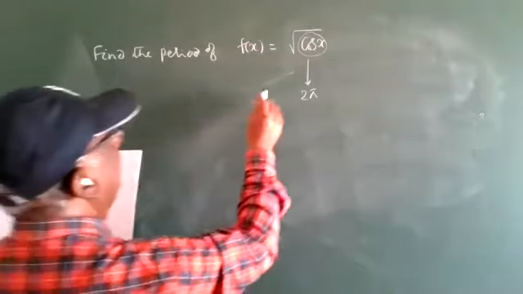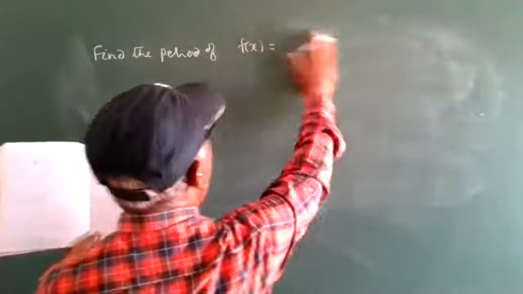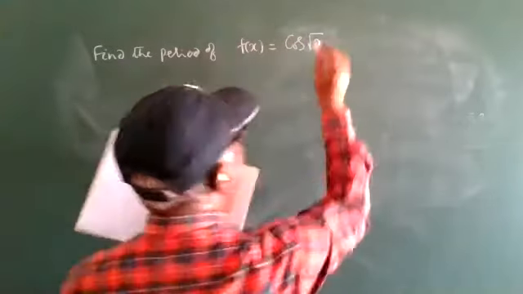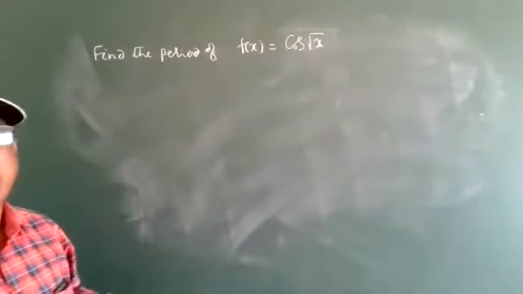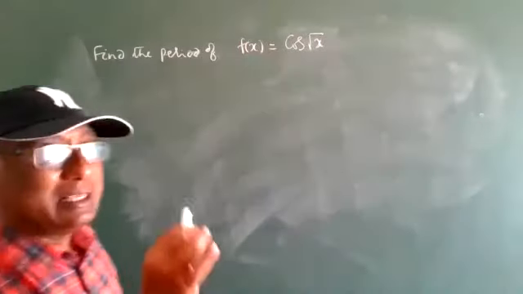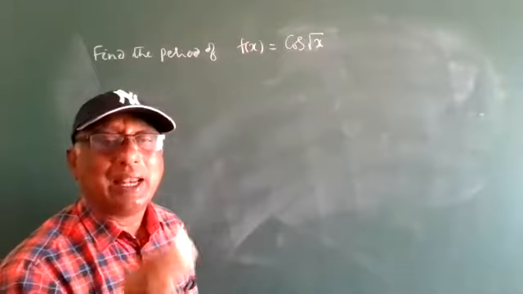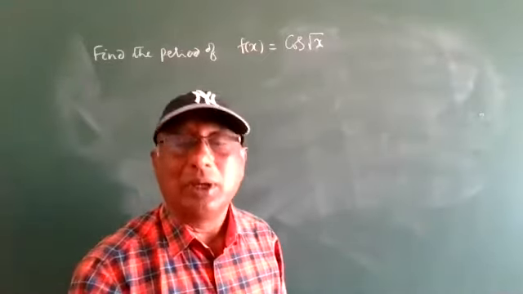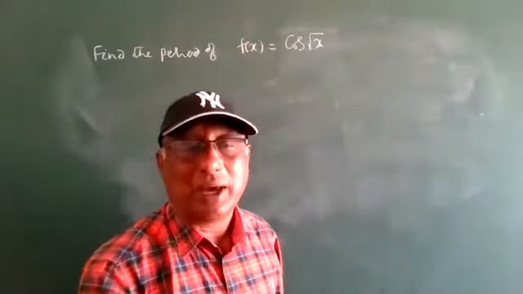Next, find the period of cos of root x. x means angle. Angle never be root, angle never be square.